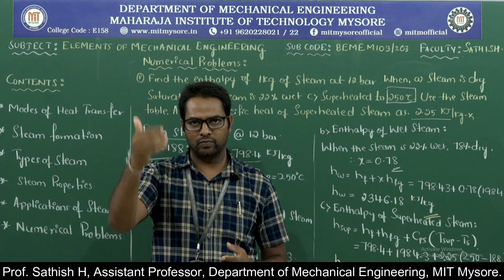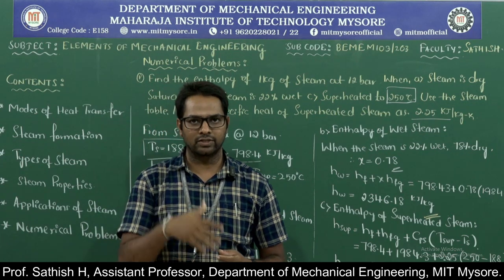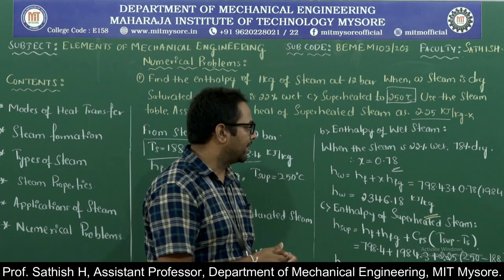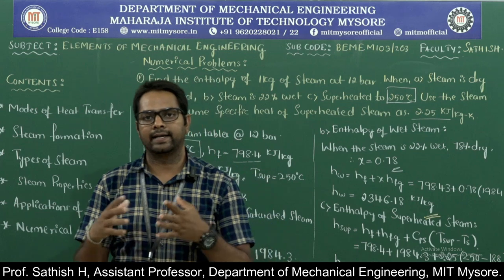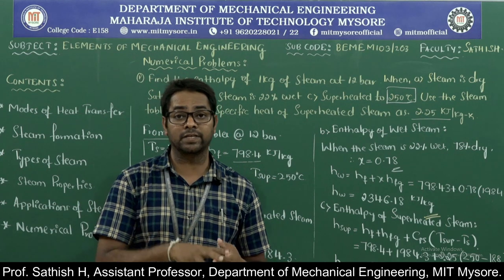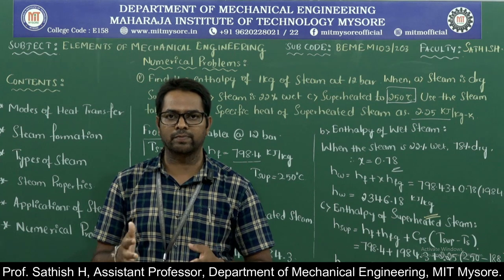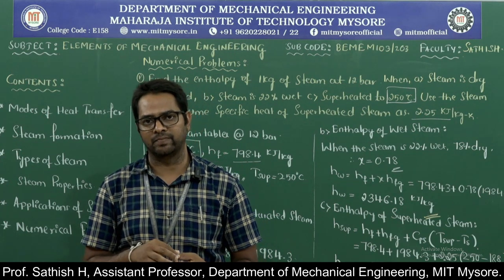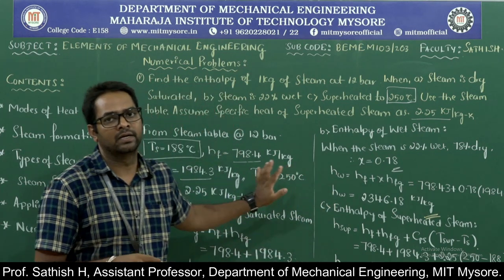You write them on one of the pages and then try to write them twice or thrice. You will remember those formulas, and then you should understand how to take the values from the steam table. What is a steam table? Where to look, at what pressure to look, and how to extract the values from the steam table. If you do that, solving these problems is not so difficult.